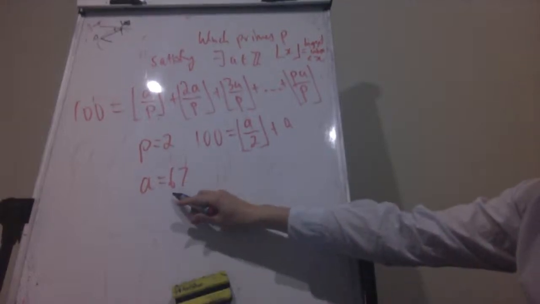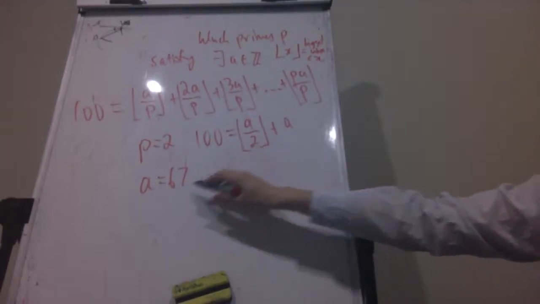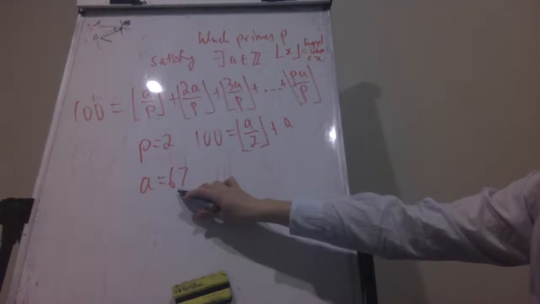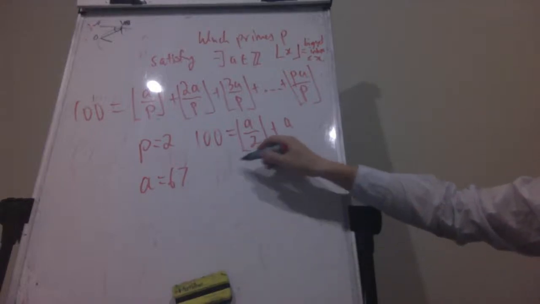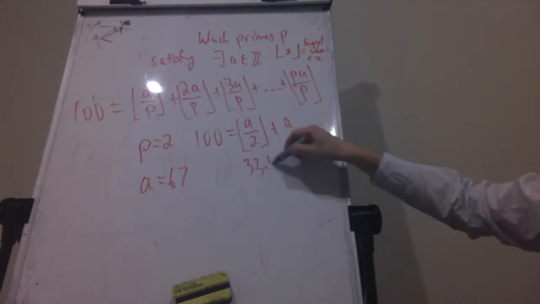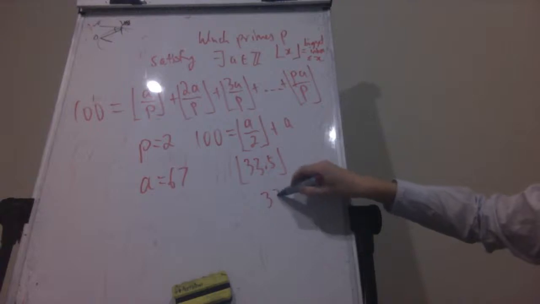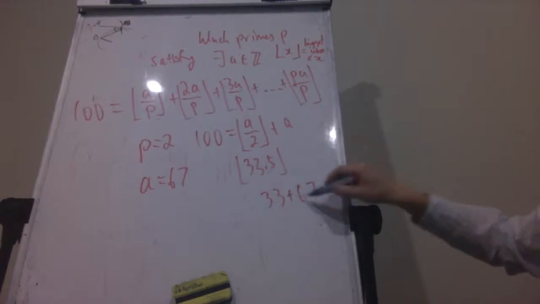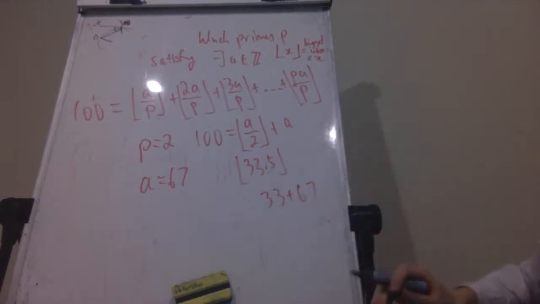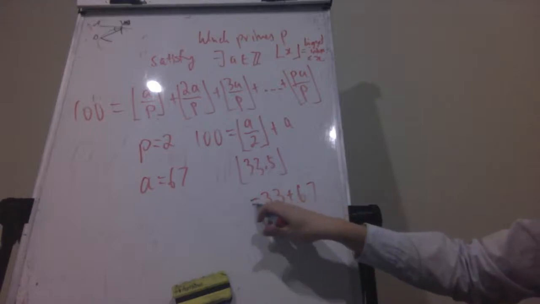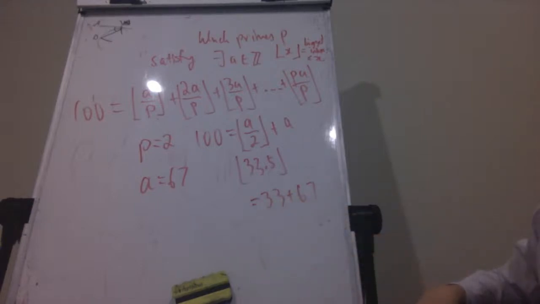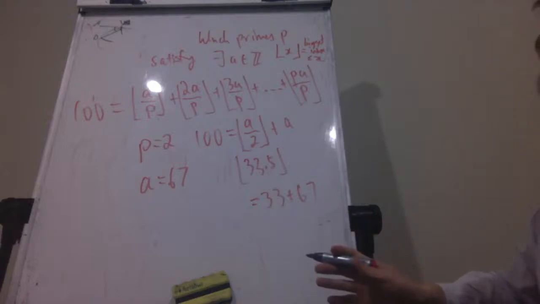So if a is 67, then 67 over 2 is 33 and a half, so that gives you 33. And a is 67. So when you add them together, you get 100. So p equals 2 works. I think there should never be more than one a if it works.